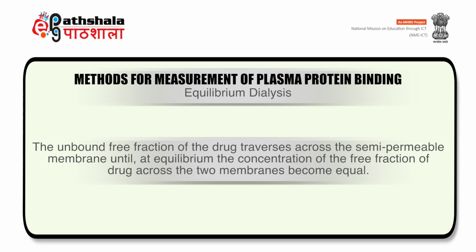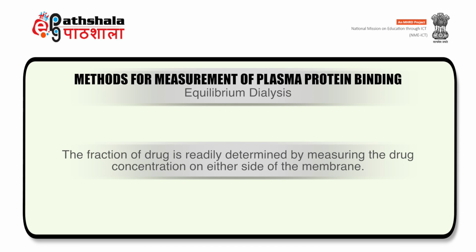The unbound free fraction of the drug traverses across the semi-permeable membrane until, at equilibrium, the concentration of the free fraction of the drug across the two sides becomes equal. The fraction of drug bound is readily determined by measuring the drug concentration on either side of the membrane.